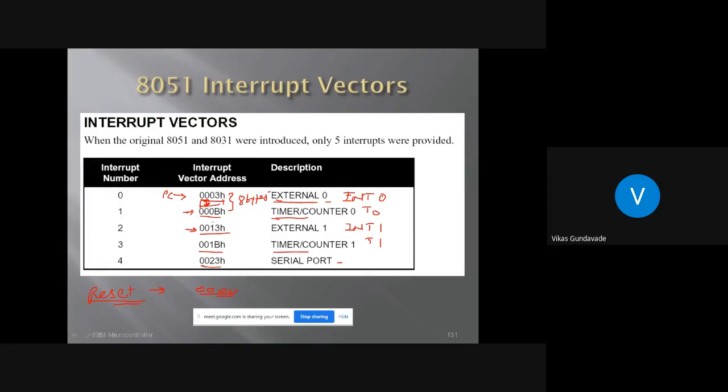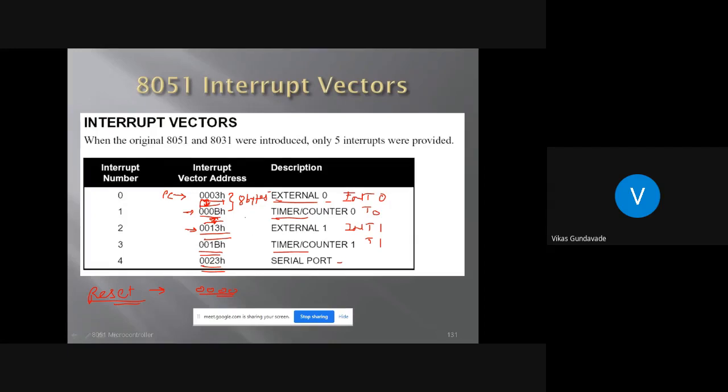Then for timer 0, from 000B to 0013, these 8 bytes are provided for the ISR of timer 0. Similarly for INT 1, 8 bytes, for timer 1, 8 bytes, and for the serial port interrupt, 8 bytes are provided for every interrupt. Now there are two cases here.